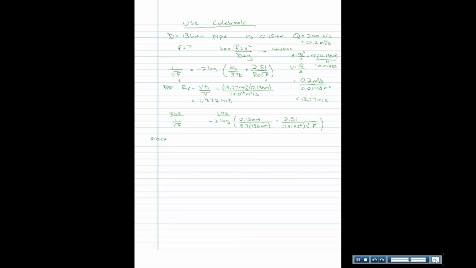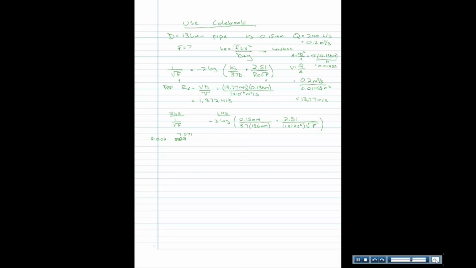So 1 over the square root of 0.02 is 7.071. Okay. What about the right-hand side?